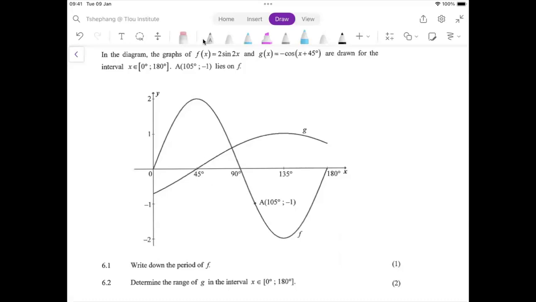And the coordinates of A are 105 and negative 1. So the first question is write down the period of f. Okay, so we know that'll be 360 divided by 2, which gives us 180. That's the period of f. An easy one, mark there.